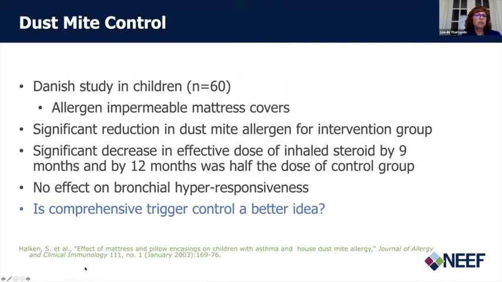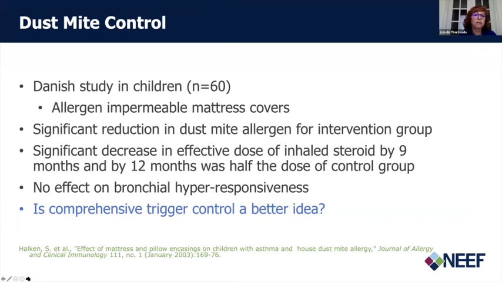This randomized controlled trial is one of over a dozen randomized controlled trials that report a decrease in allergens with these allergen impermeable mattress covers. This study had 60 children, all with asthma, sensitized to dust mite allergens. They used the allergen impermeable mattress covers, pillow, and box spring covers, and found a significant reduction in dust mite allergens for the intervention group.